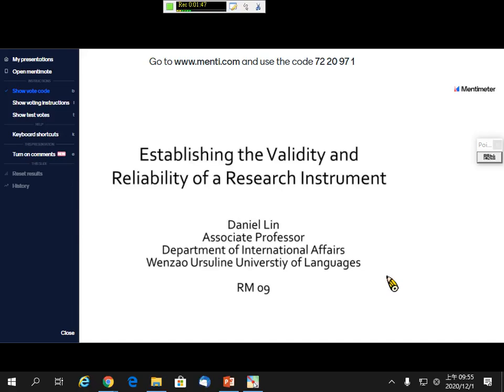And now if you want to collect data, then you need to have some tools for you to collect data. It's very important. The tool in our research we call research instrument. Research instruments can be many different forms. But overall, when we talk about a research instrument, we need to consider several important issues.